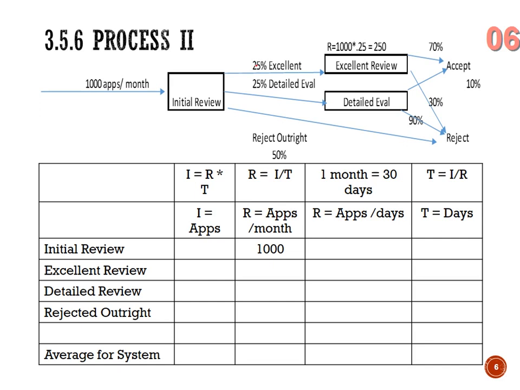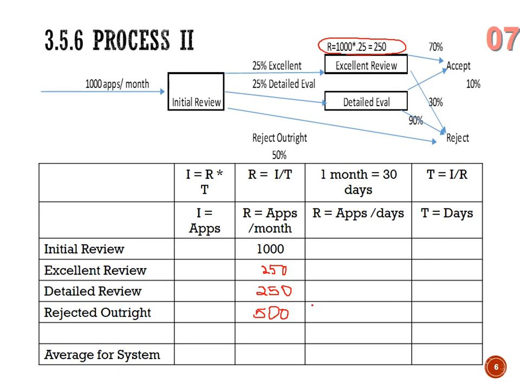If we say that 25% of those go through the excellent review process, I can take 1,000 times 25%. This is where we start to get different. Every application isn't going through the same process now, so we have to adjust our throughput. 25% of these are going through the excellent review process, so that means 250 are going through the excellent review process. 25% are going through the detailed review process, and then 50% are being rejected outright.